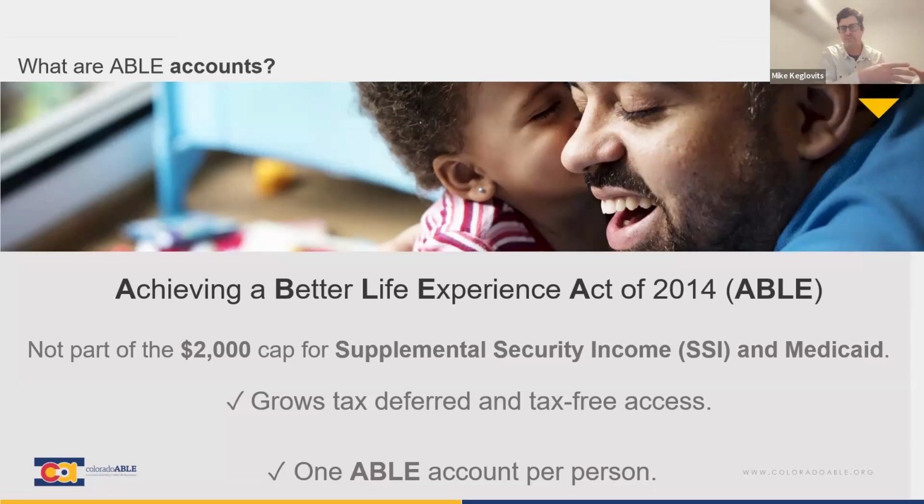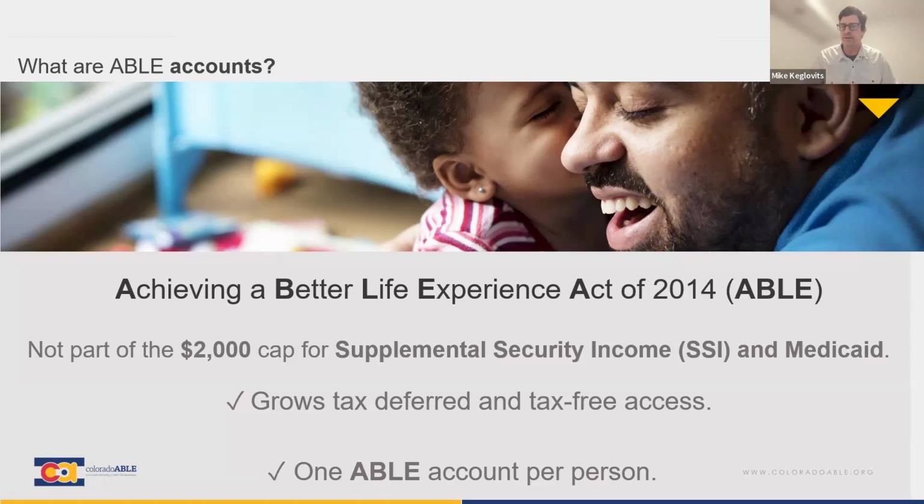Putting money into the ABLE account doesn't mean the individual can work and make more money. They're still limited by how much income they can have on a monthly basis. But it's an exempt resource when it comes to assets, especially for SSI and Medicaid.